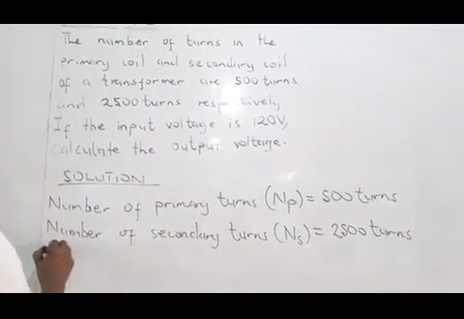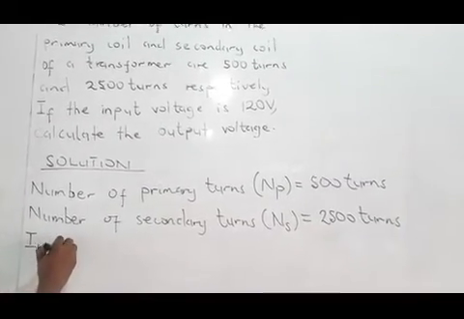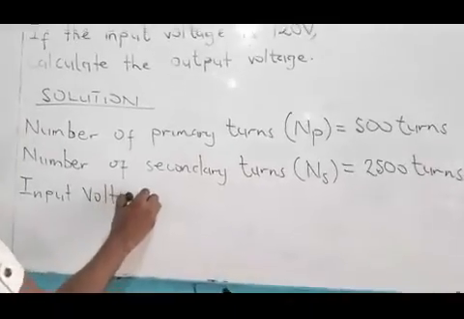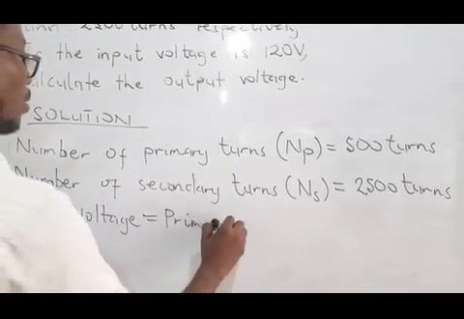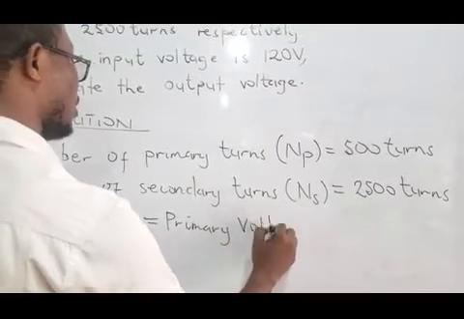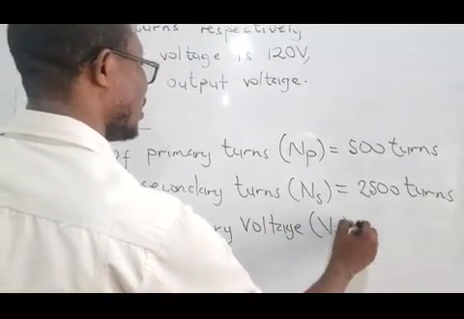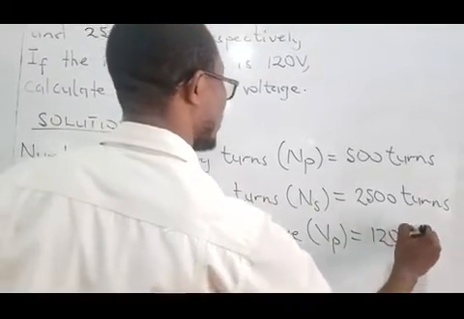And then we have the input voltage. I told you that the input voltage is the same as the primary voltage. The primary voltage, that's VP, is equal to 120 volts.